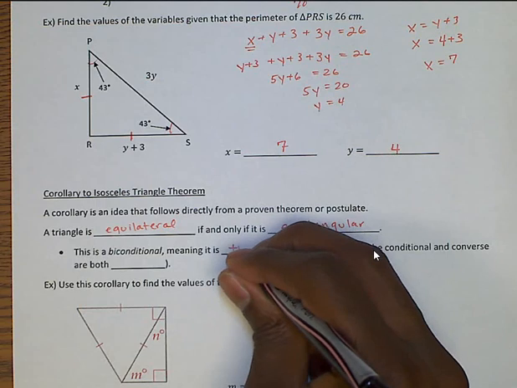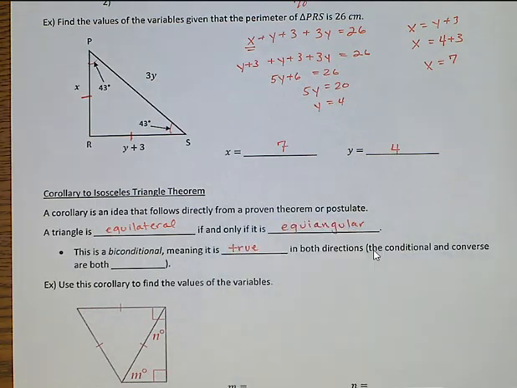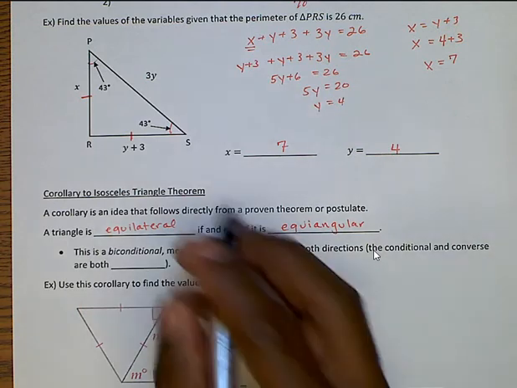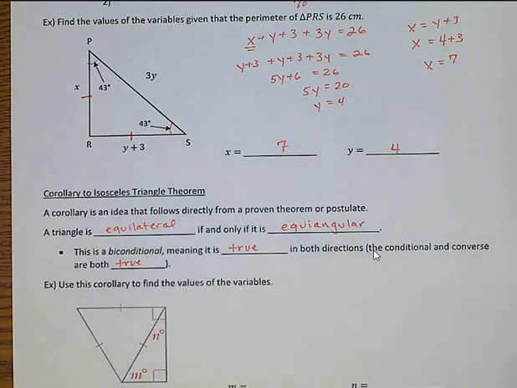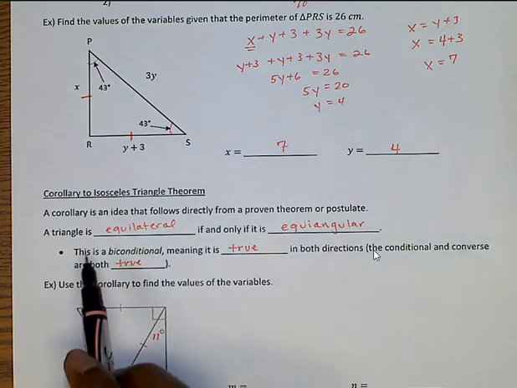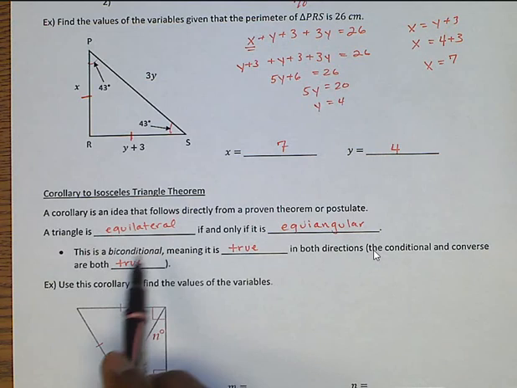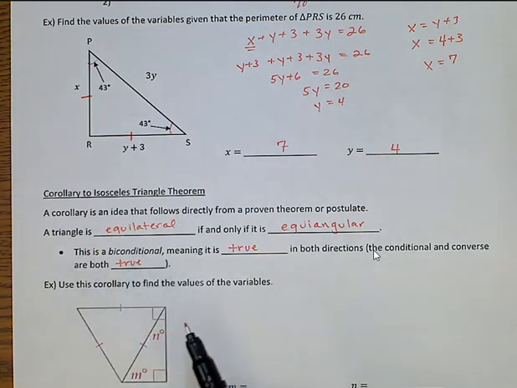Remember, we can say a biconditional if our conditional statement and its converse are both true. So I could say a triangle is equiangular if and only if it is equilateral, or I can say a triangle is equilateral if and only if it's equiangular. They're both true.